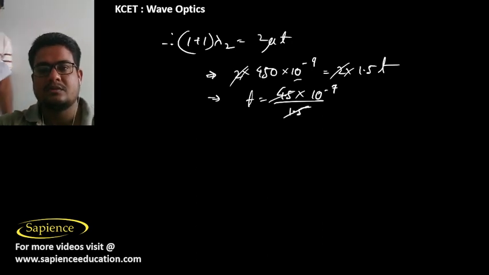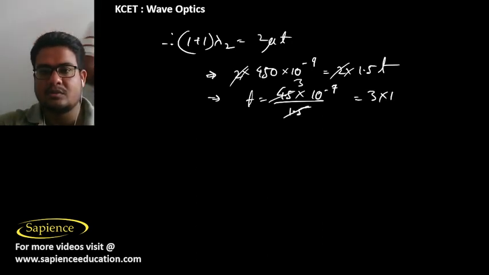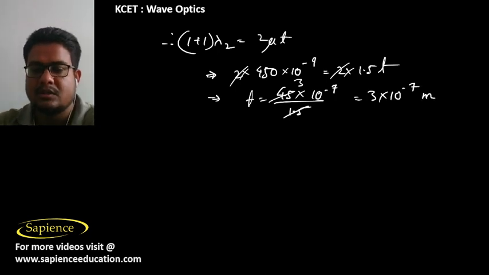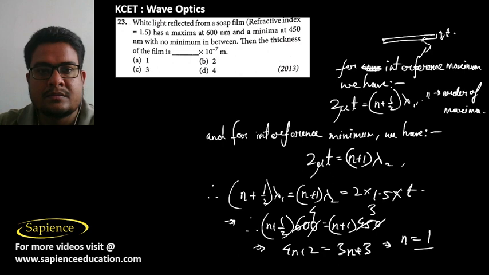This is 15 3s are 45. So it is 3 into 10 power minus 7 meter, the thickness of the soap film. So option C is the correct answer.